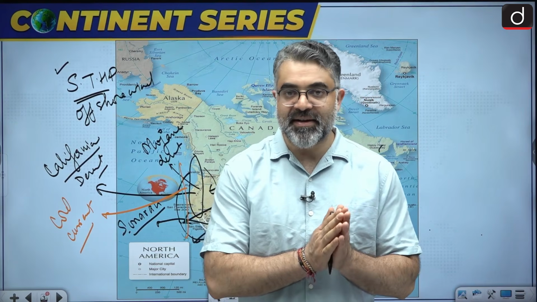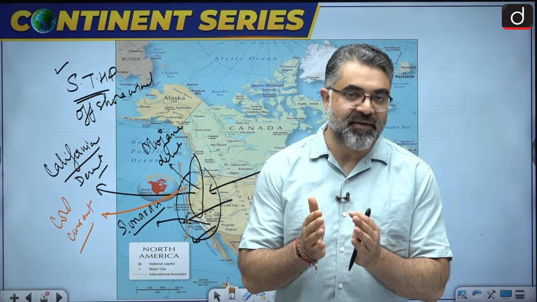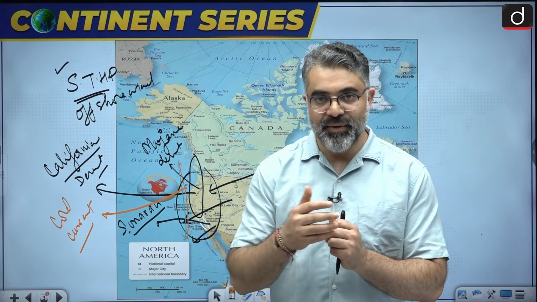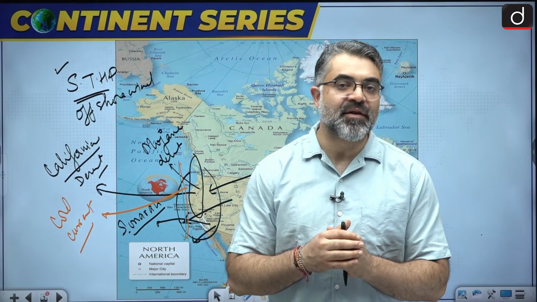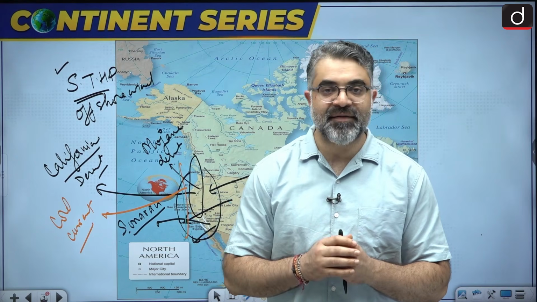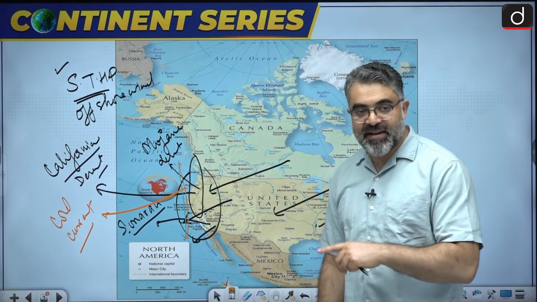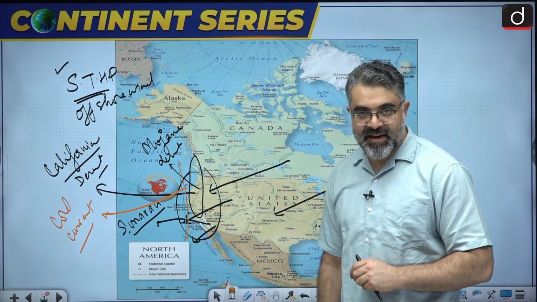So, three factors we can conclude on the basis of which deserts are formed. One is a subtropical high pressure belt, number two is offshore winds, and number three is the presence of cold currents that is prevalent on the western margin of North America called as California current. And that is why the Californian desert has been formed.